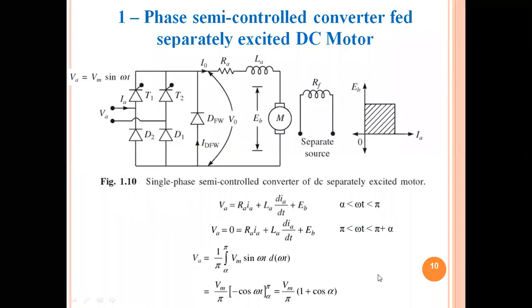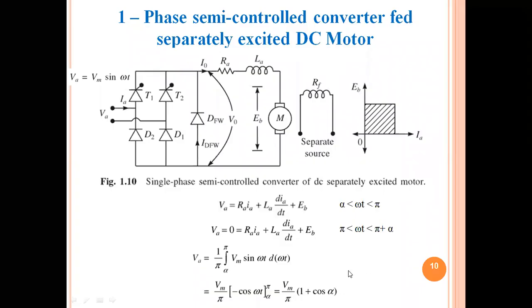See here, if you substitute alpha as 0 degrees, which means the thyristor is fired at 0 degrees at the starting instant, then cos 0 will be 1. So 1 plus 1 will be 2, which means 2 Vm by pi.